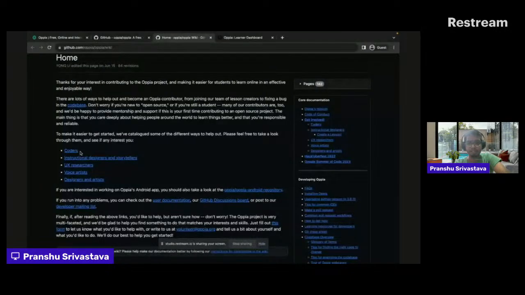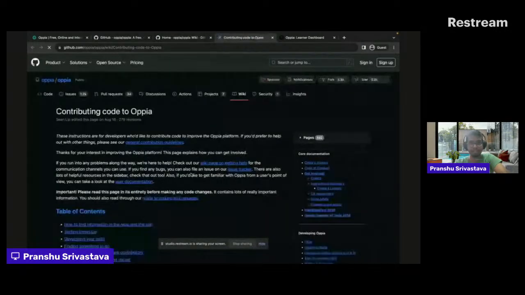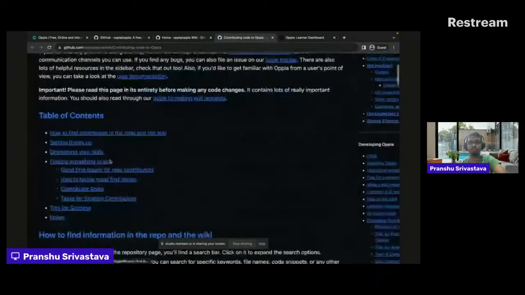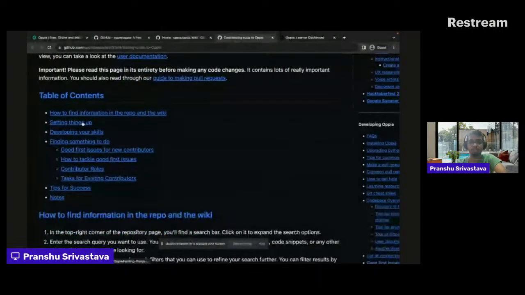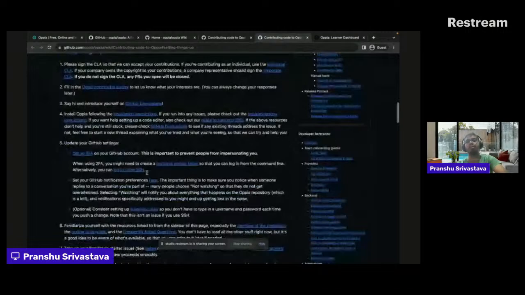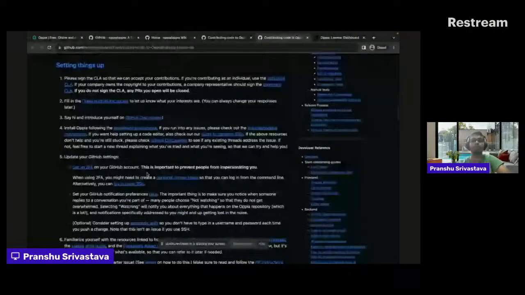So if we take a look at this coders documentation, the first and foremost section here is setting things up. So basically how you can get started with contributing code to the OPIA Foundation.